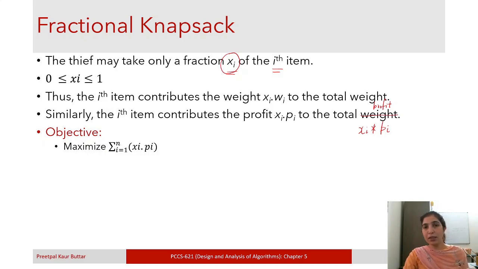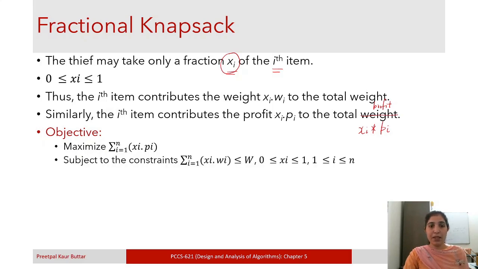We have to earn the maximum profit, but there are some constraints. What are those constraints? This is the total weight, right? For each item I, the weight is xi into wi.